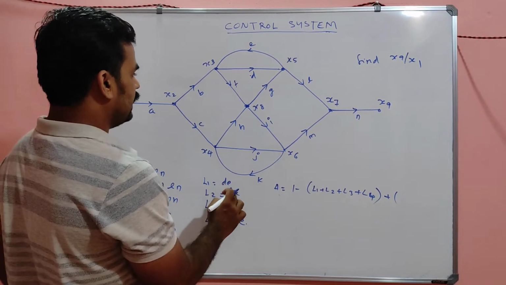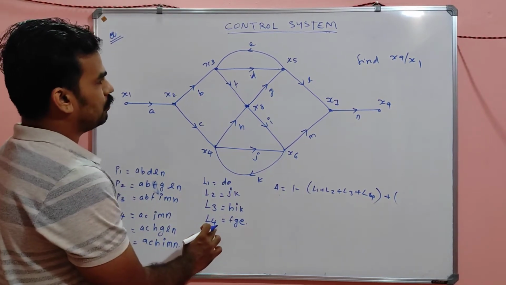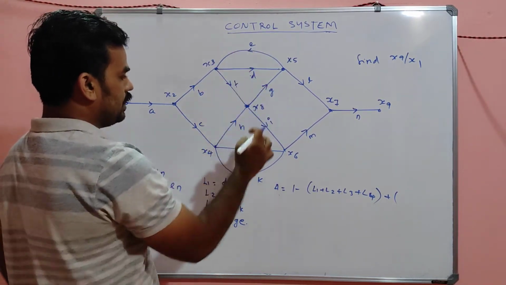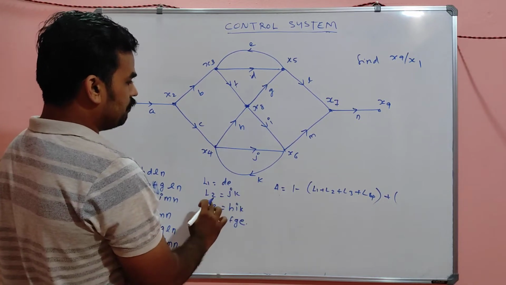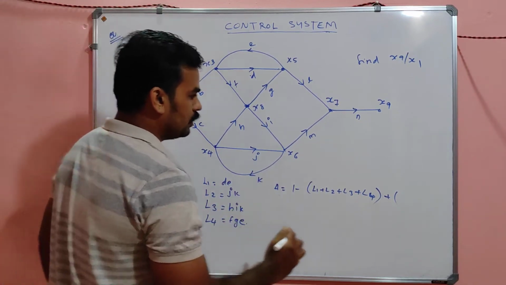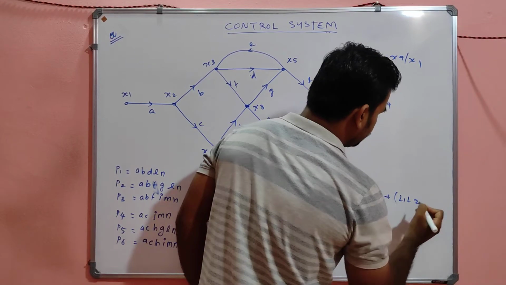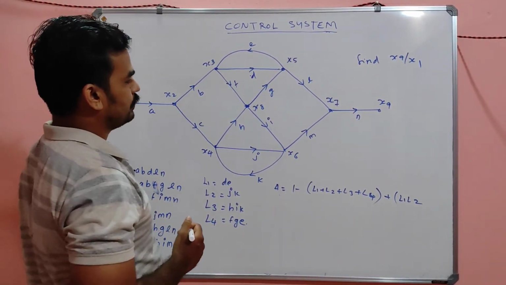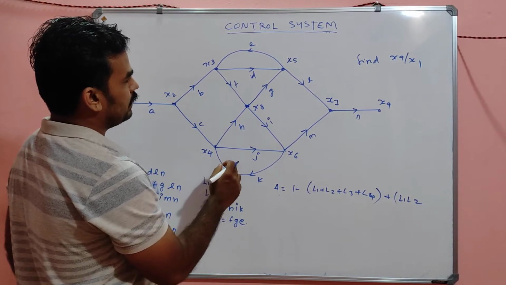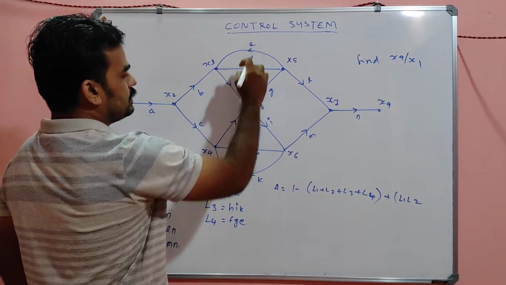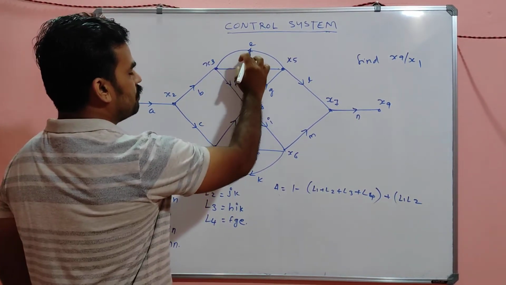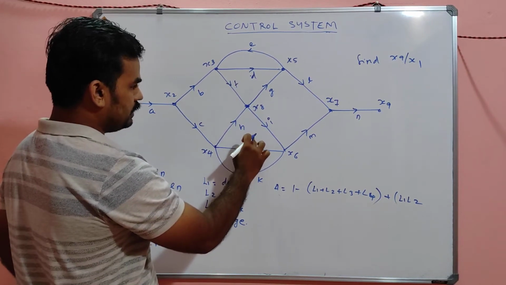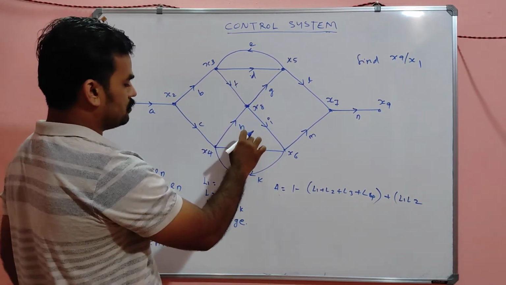So I can say that L1 and L4 are non-touching. Correct now? L1 and L2 are non-touching, so I can write L1 L2. Is there any non-touching loop here? No. And yes, this and this are non-touching, and L1 and this one, HIK. L1 and L3 are also non-touching.